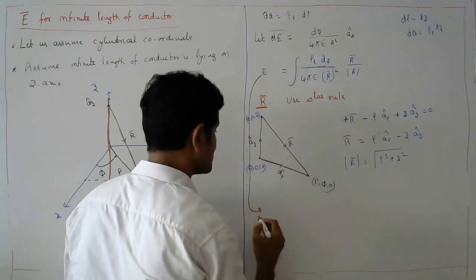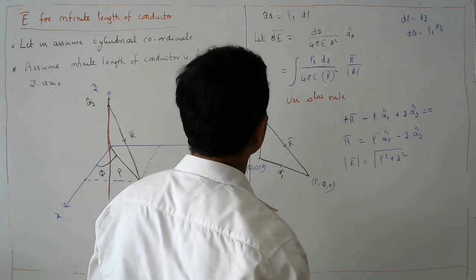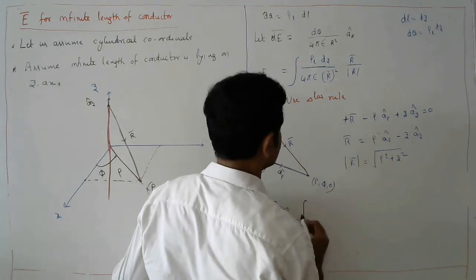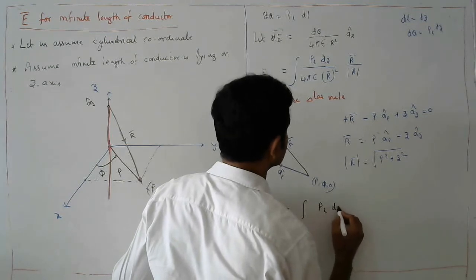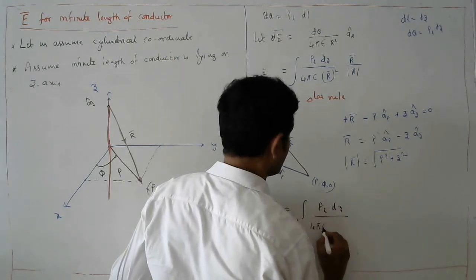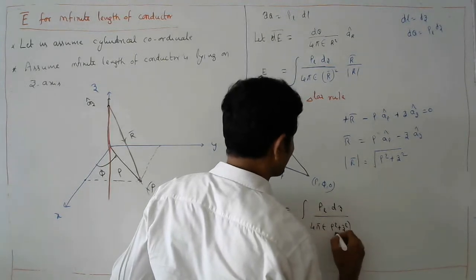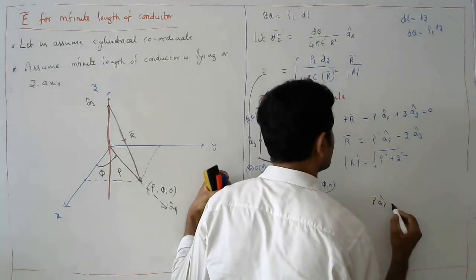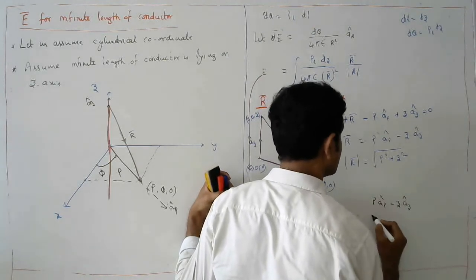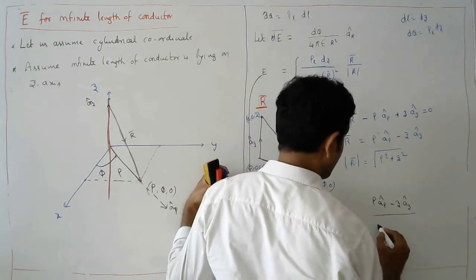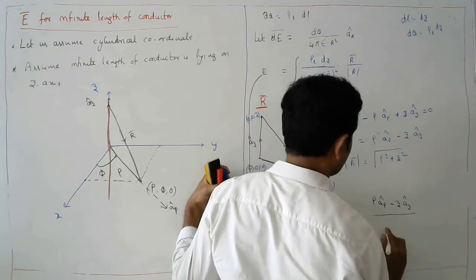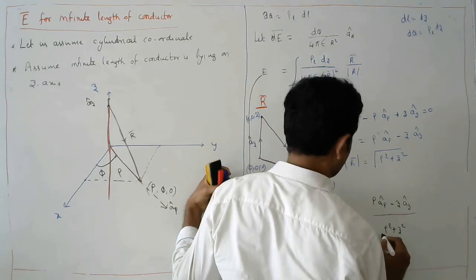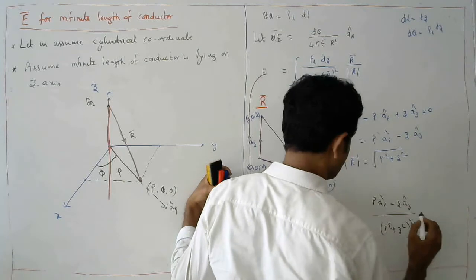So E bar is equal to the line integration of rho L into dz divided by 4 pi epsilon into rho square plus z square, into the vector rho into rho cap minus z into az cap, divided by the magnitude, rho square plus z square under root, that is to the power 1 by 2.